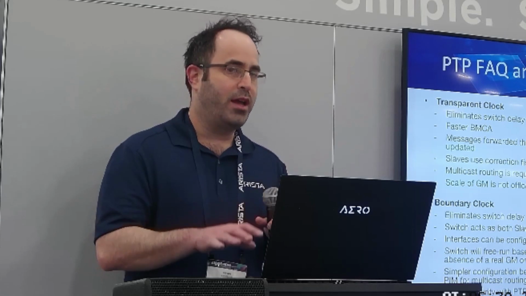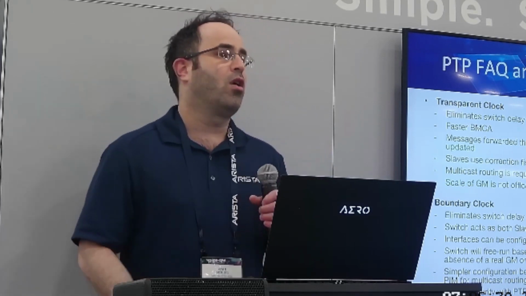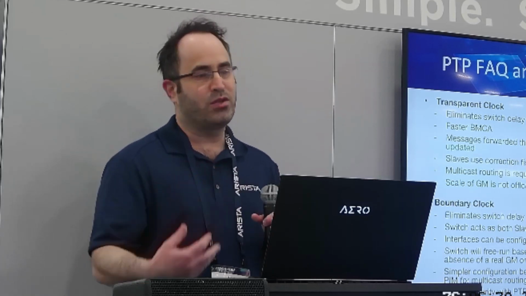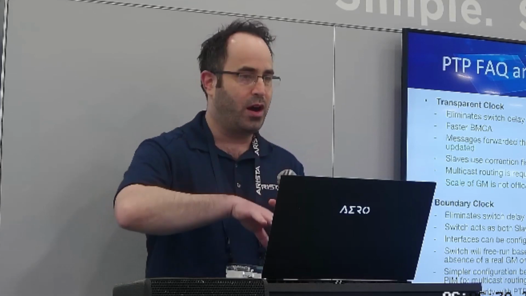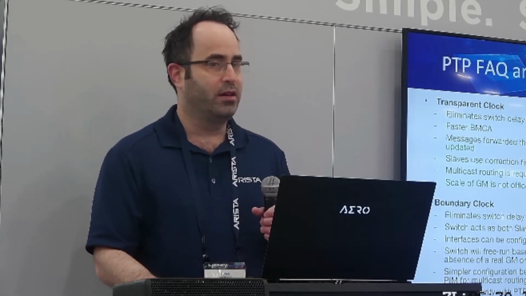So you have to rely on routing multicast packets, which isn't generally a problem in SMPTE 2110 environments, but it just can add a bit of complexity, specifically in redundant designs. Whereas boundary clocks it's all control plane traffic. So you don't even need to have a unicast routing protocol or multicast routing protocol to go between switches, to go between hops, to go from spine to leaf, because it's all, again, just all control plane traffic.